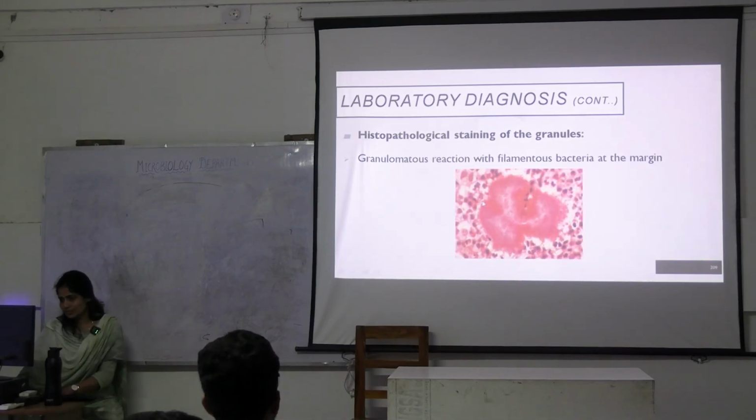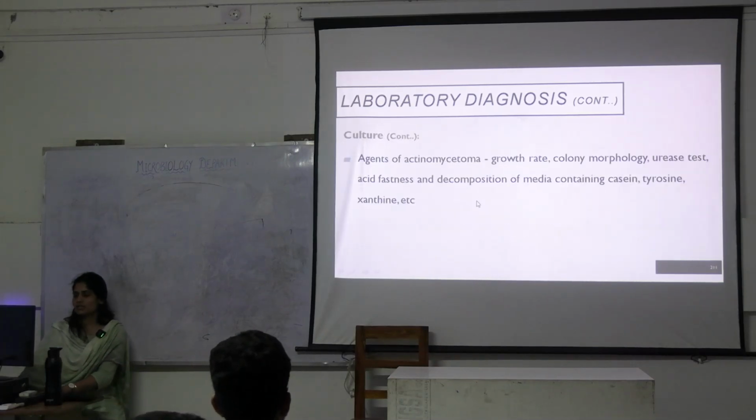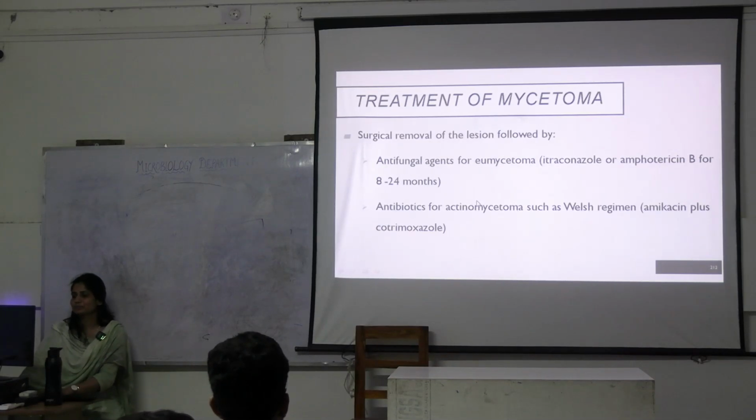And over here, there is a granulomatous reaction, but surrounding over here, this is bacteria, filamentous bacteria. This is a granuloma caused by the mycetoma. Culture and everything remains the same. You will treat them with amphotericin B and itraconazole.